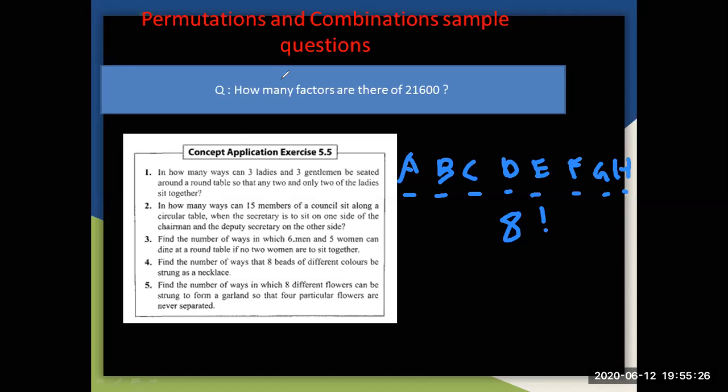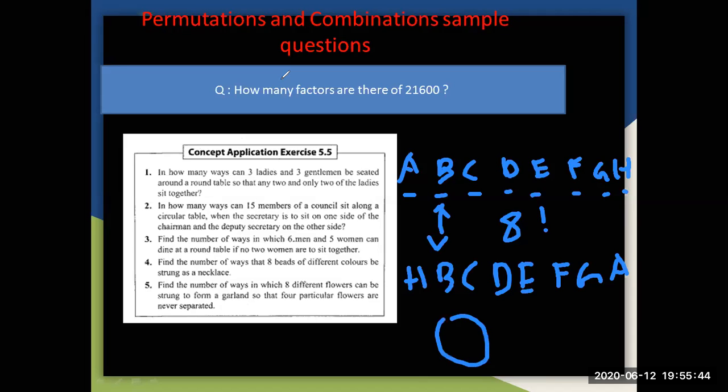Now it's not going to matter if it's H, B, C, D, E, F, G, A. These two will end up being the same thing when you consider the fact that it goes around in a circle.